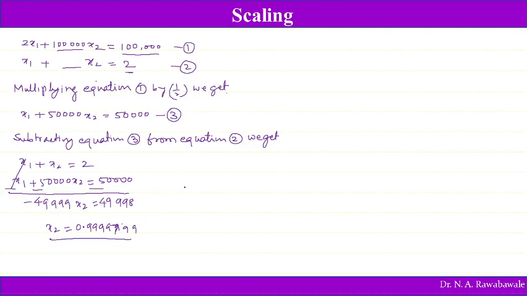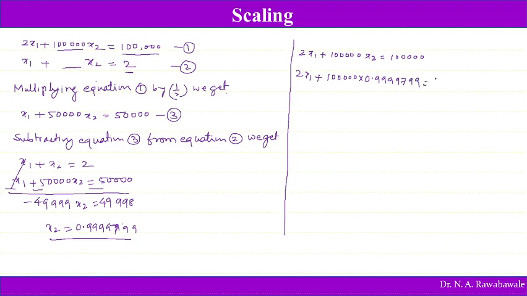Once we know the value of x2, if we substitute in equation 1, then 2x1 plus 1 lakh x2 is equal to 1 lakh. So 2x1 plus 1 lakh into 0.9999799 is equal to 1 lakh.